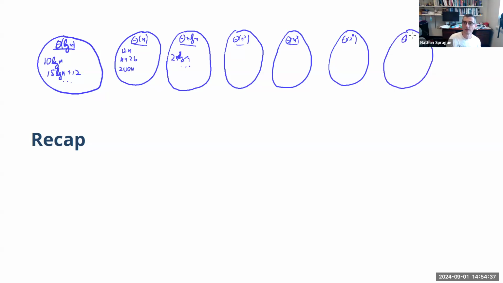And again, there are an infinite number of these categories, but this is a few of the usual suspects, a few of the cases that are going to come up now and again. And there's no overlap between these categories. A function lands in exactly one category, and they have the property that any function in this category is going to eventually be worse than any function in this category.